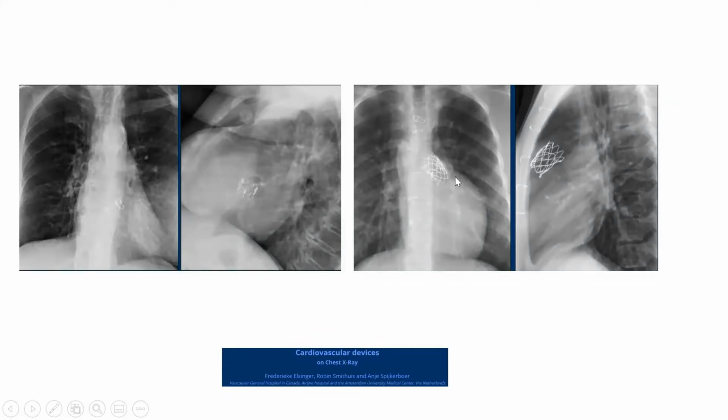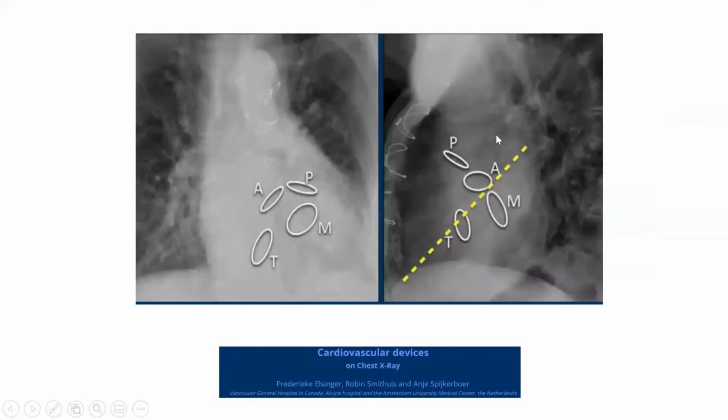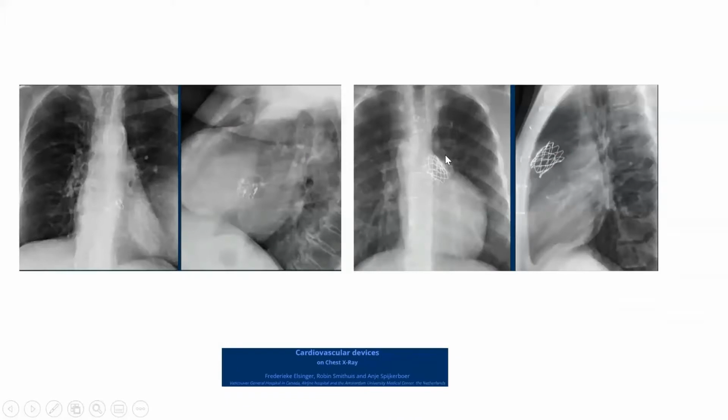And what is this? I'm going to bring you back here. See the pulmonary valve, how it looks in the lateral, or where it's positioned in the lateral X-ray. Compare this with this one here. So this one is what? It's not the aortic. This is the pulmonary. So this is a pulmonary prosthesis. This is aortic prosthesis in PA and lateral, and this is pulmonary prosthesis in PA and lateral.